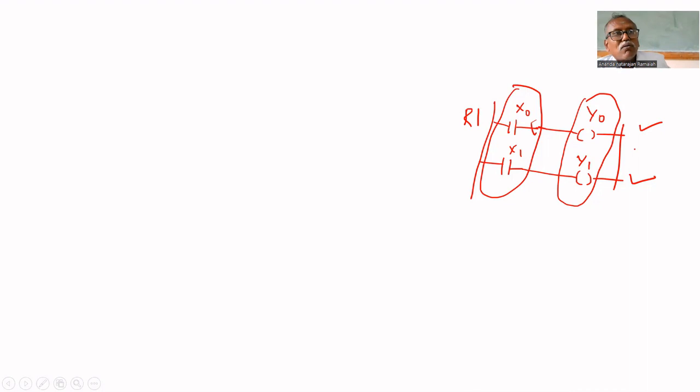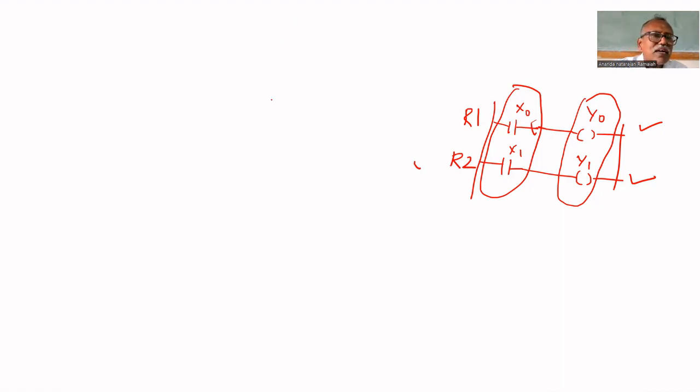Anyhow, while doing simulation, you should be very careful. In the same way, here also R1 and R2 will be executed sequentially. That sequential execution can be used to turn the lamp on and off using a single push button. That we are going to use.